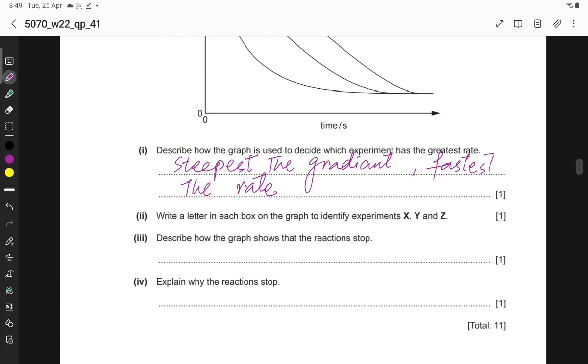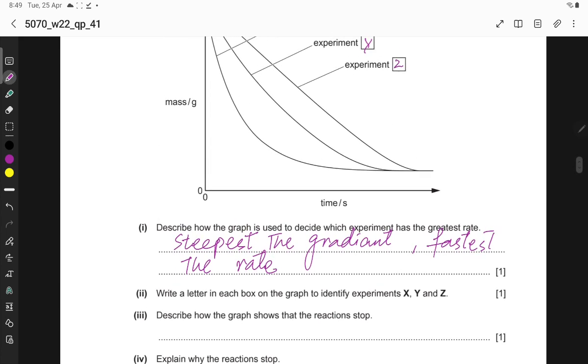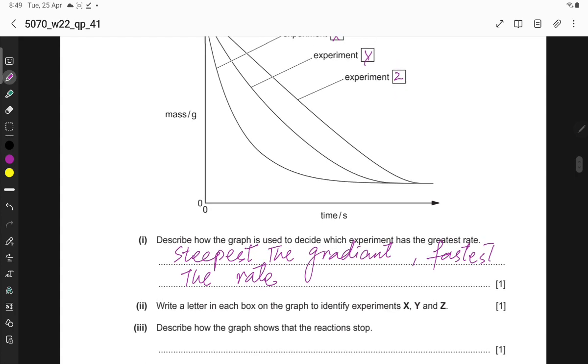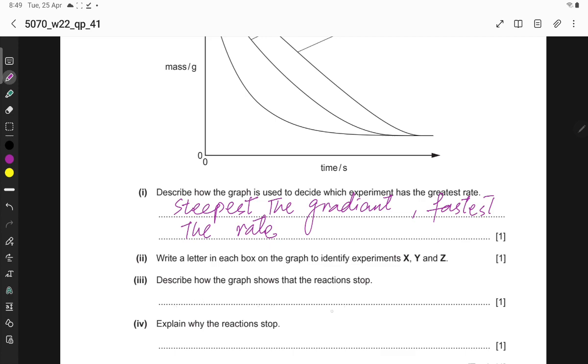So the graph, on the curves, become parallel to the x-axis, or the graph becomes horizontal.